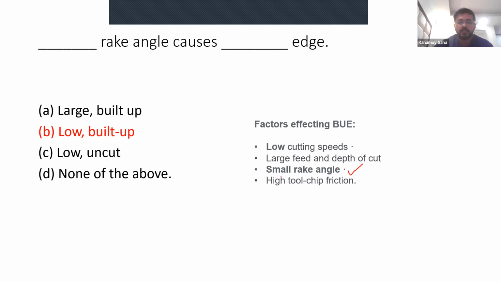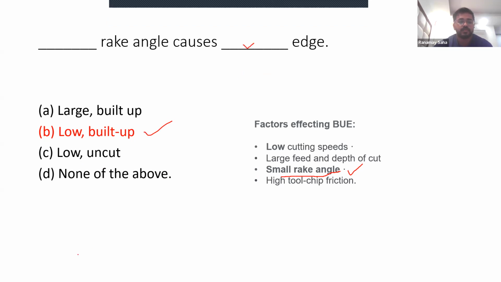So between these four options, which parameter matches? So a low rake angle gives rise to a built-up edge, correct? So option B is the correct option here.